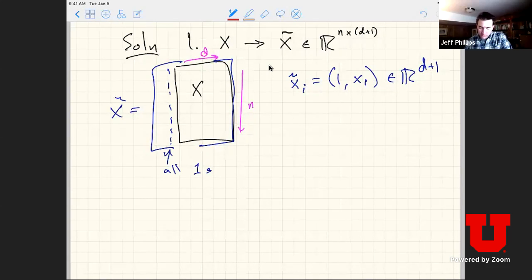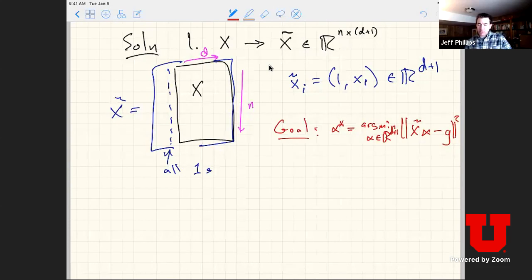So we can often write the goal as to find alpha star equals the arg min over alpha in R d plus 1 of the norm of X tilde alpha minus y.